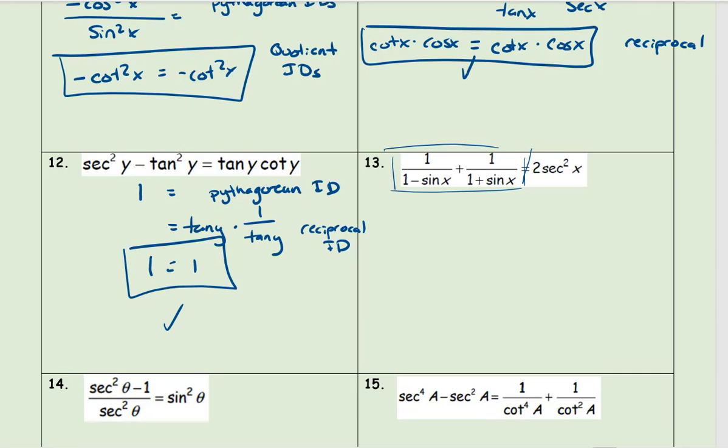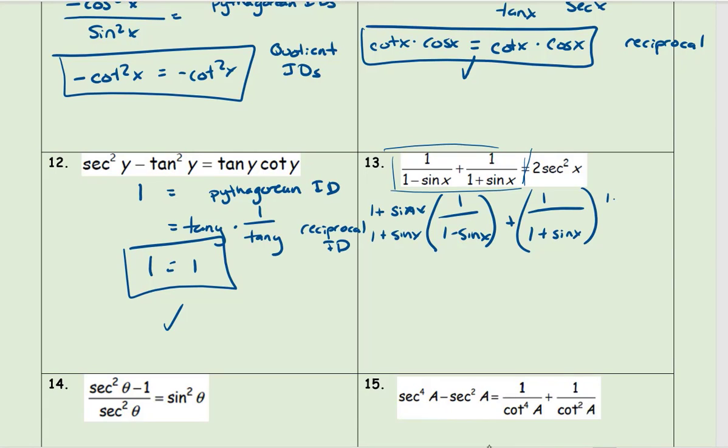So what I'm actually going to do is find a common denominator here. I'm going to multiply this first fraction by 1 plus sine of x, both to the top and bottom, and we're going to multiply that by 1 minus sine of x. And then we're going to find the common denominator over here by multiplying this fraction by 1 minus sine of x to the top and bottom. Okay, here we're just finding a common denominator, right?